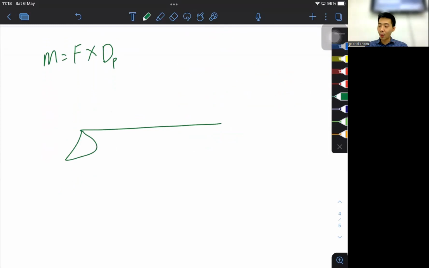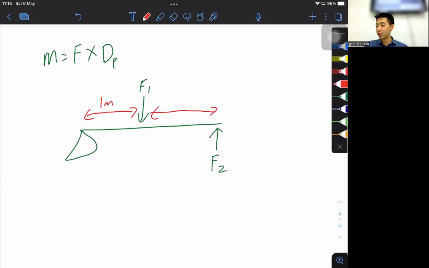I also want to highlight one thing. Let's say the force here is F1, and this is F2. This distance here is 1 meter, and here to here is 2 meters. If I say this thing is in equilibrium, then we have to use the moments in equilibrium formula. What does it state again?